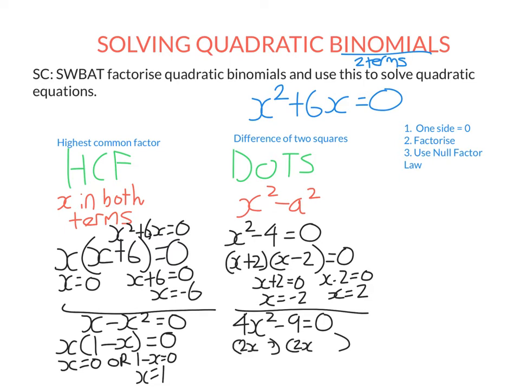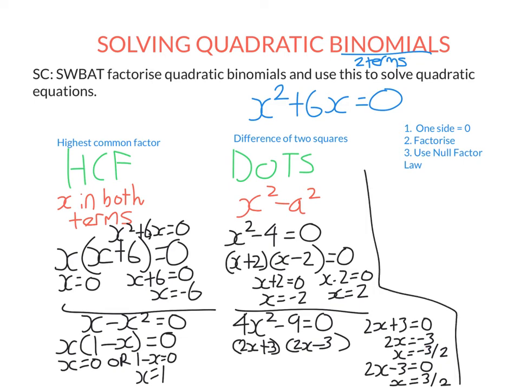We square root the second thing and put it in both brackets. One gets a plus, one gets a minus. So the null factor law says either the first bracket equals 0. To solve this, subtract 3 from both sides and divide by 2. So that's one solution. And then the other solution, if 2x minus 3 equals 0, we just add 3 to both sides and divide by 2. So the two solutions here are minus 3 over 2 and 3 over 2.